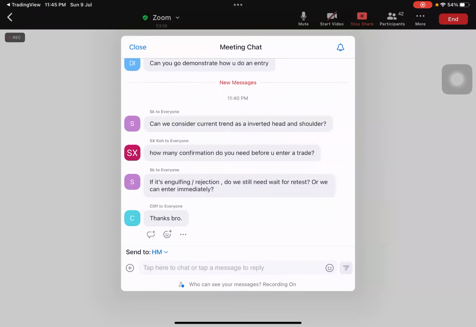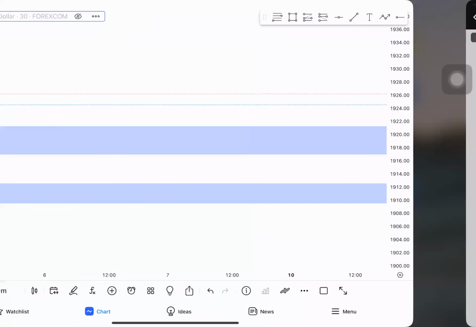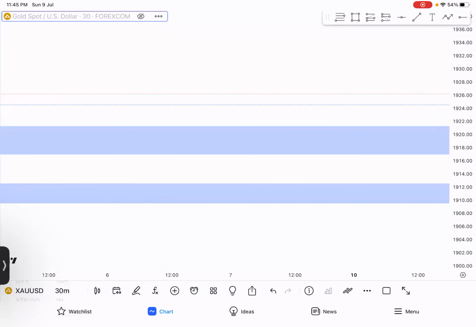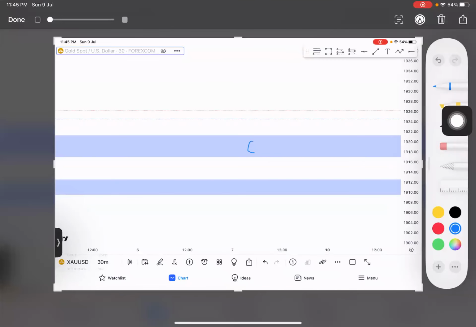If it's an engulfing or a rejection, do we still need to wait for a retest? Actually, for entry you have two types. One is after the confirmation, I will call it the confirmation entry, and the other is the confirmation retest entry.